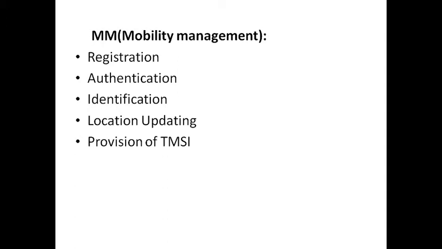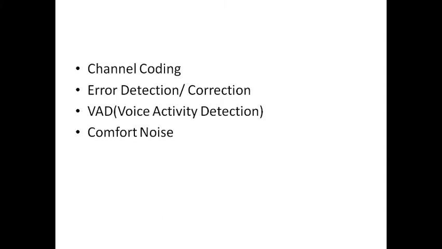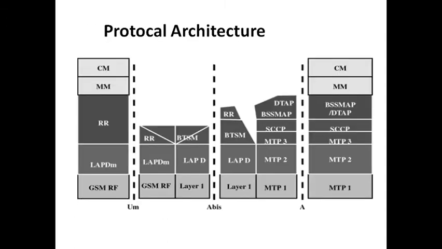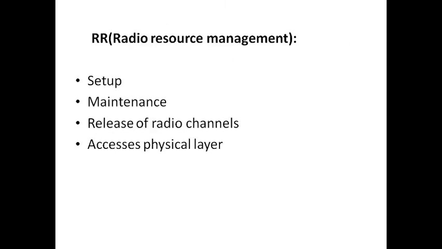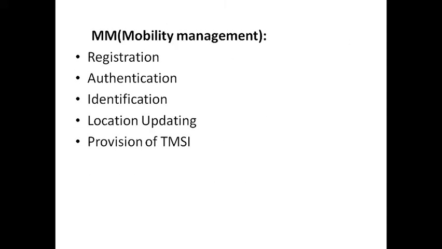Today we will discuss mobility management. This mobility management is situated above the radio resource management in the diagram. Its functions are registration, authentication, identification, location updating, and provision of TMSI.